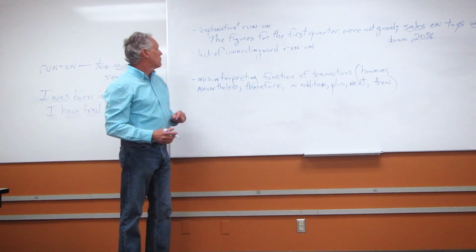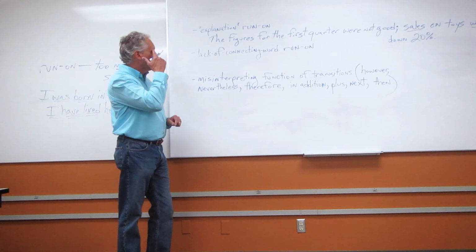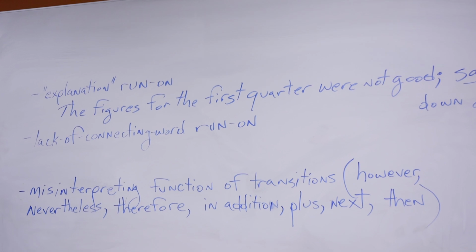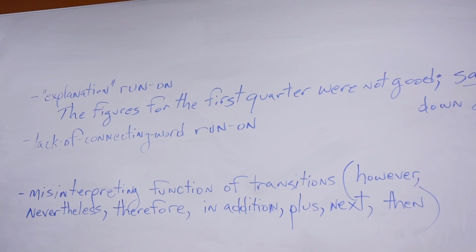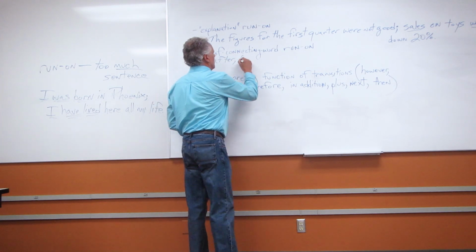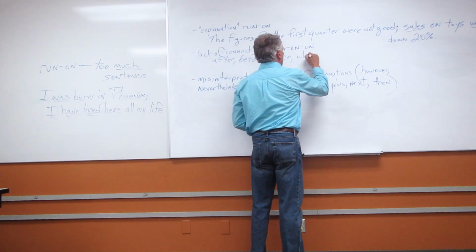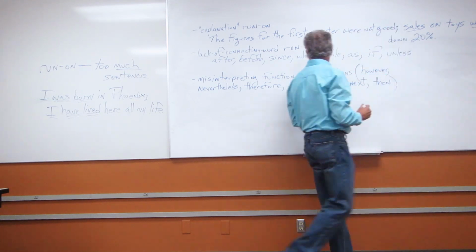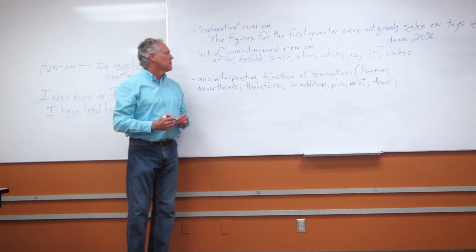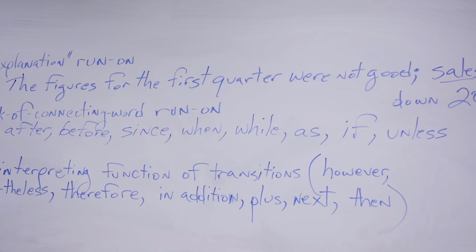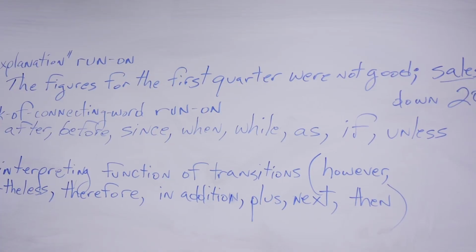Another kind of run-on is what I call the lack of connecting word run-on. And I'm including in these connecting words, words like, okay, there are a lot more of them, but words like after, before, since, when, while, if, unless.